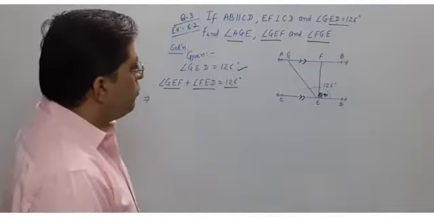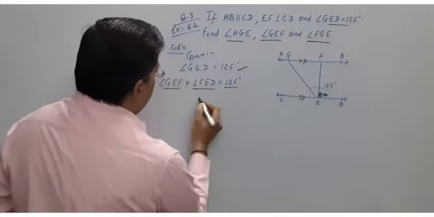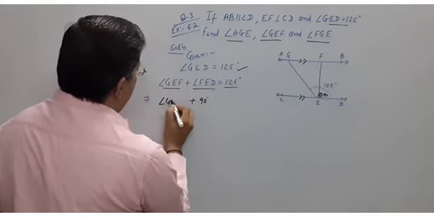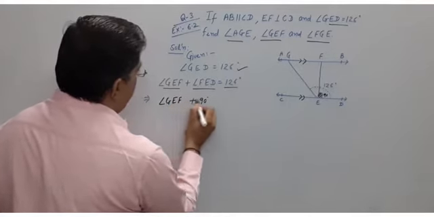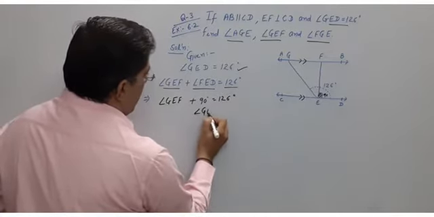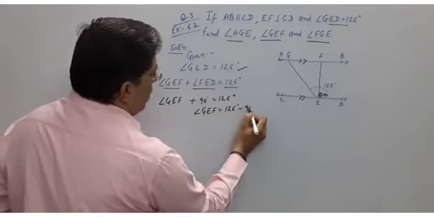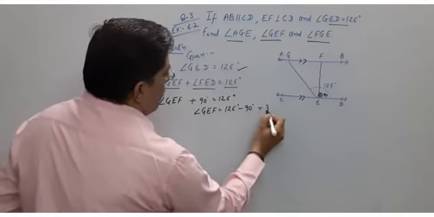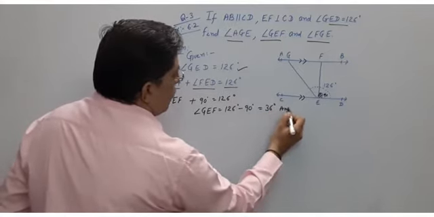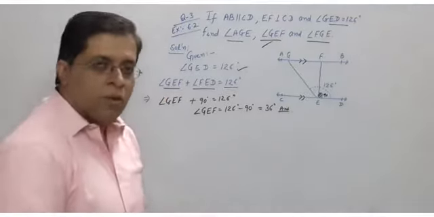Now FED is your 90 degree, it is given to you. Then angle GEF will be 126 degree minus 90 degree, which is 36 degree. This is one of the answers. GEF is 36.